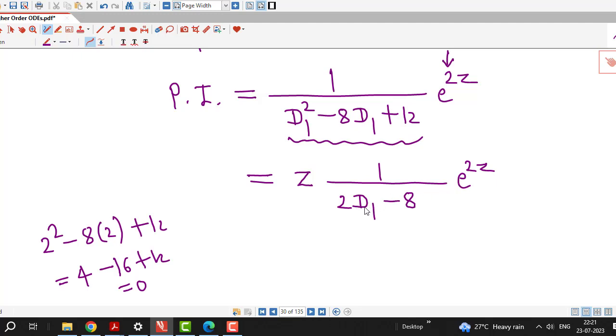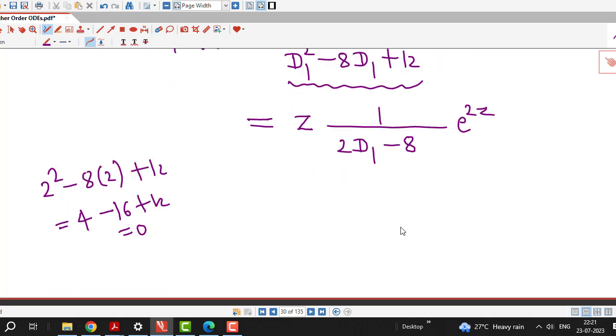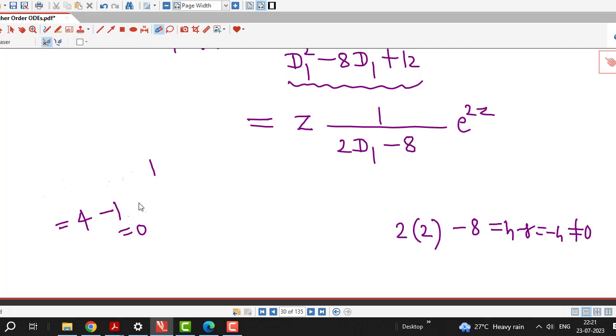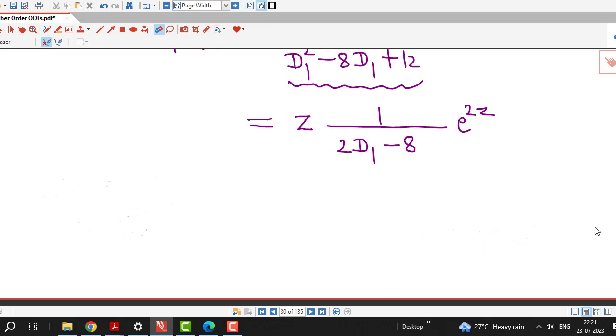So if I take D1 equal to 2 in this 2D1 minus 8, I will get again 0. You can see that no, I will not get 0. This is going to be 4 minus 8, which is minus 4, and it is non-zero. So this will work. So now in the next step I will put D1 equal to 2 here.